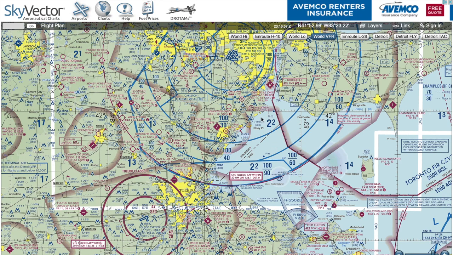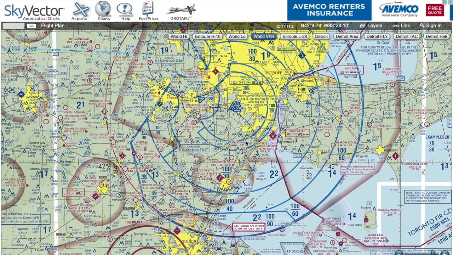Same thing with right here. Sometimes you have to look around a little bit. So this is 10,000 to 3,000. So the Class B starts at 3,000 feet. So if I was buzzing around right here where my mouse cursor is, I would be okay. As I move in, again, sometimes you have to kind of follow the layer around a little bit. Right here, the Class B starts at 2,500 feet.